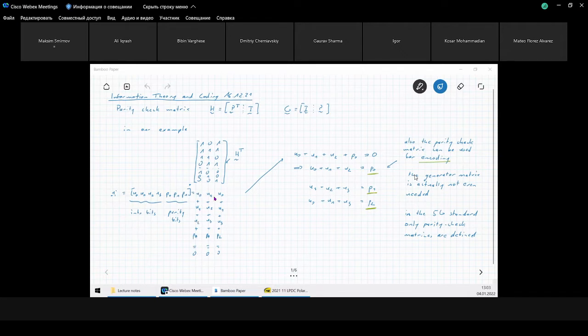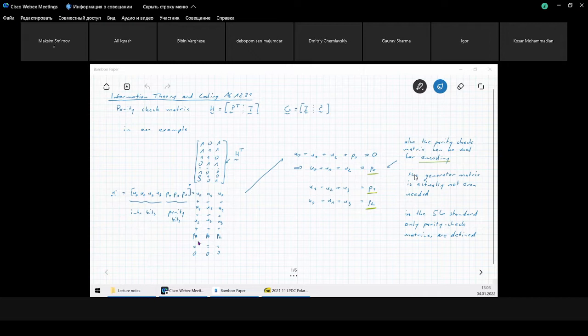So we know if the syndrome, this is what we get out here, is the 0 vector, we know it's a valid code word. So directly, this parity check matrix H describes how the parity bits can be calculated.